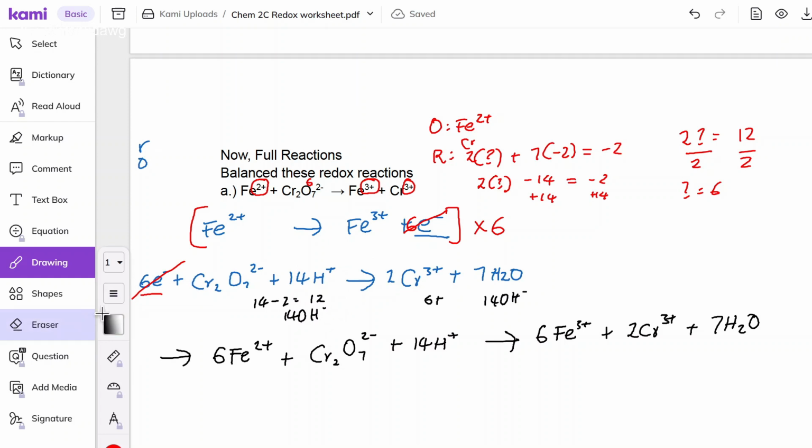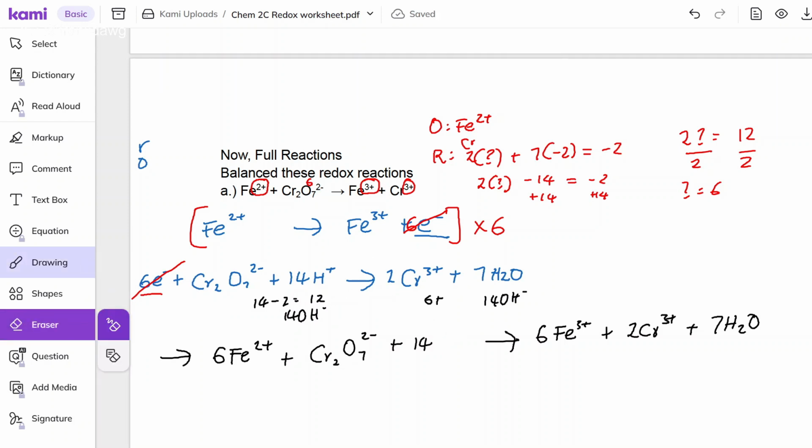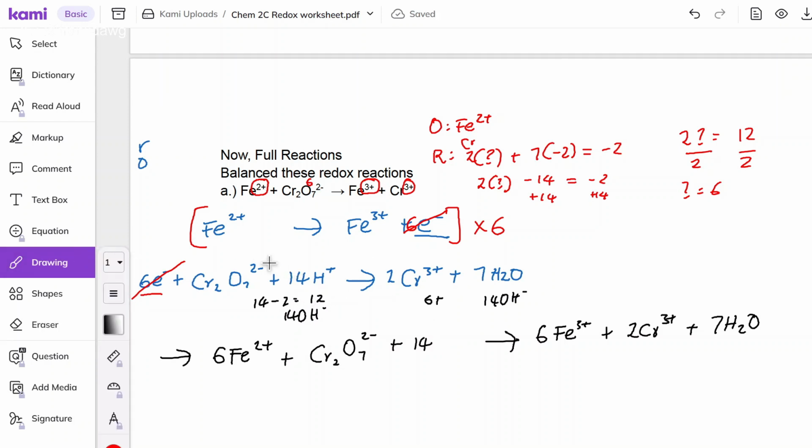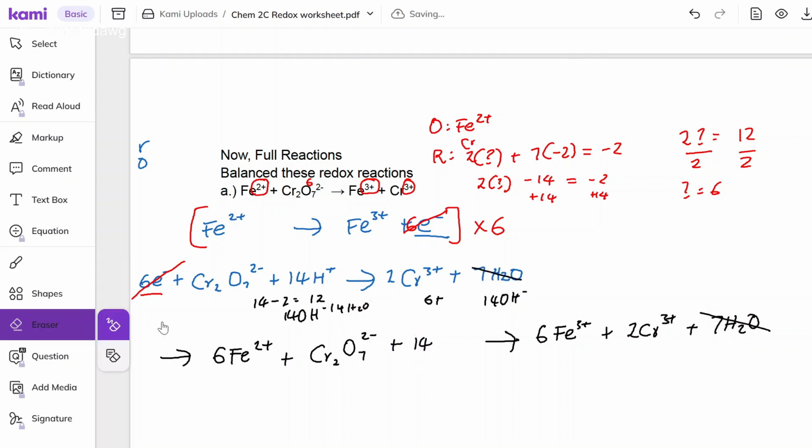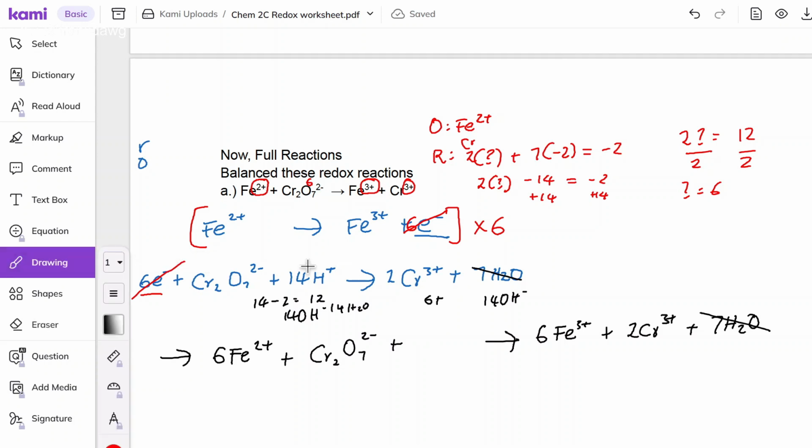And this would change so that instead of 14H+, we would have 14 waters, which would cancel with 7 waters. So 7 cancel 7, we'll be left with 7 waters here, and 14 OHs here. That's if the solution was basic.